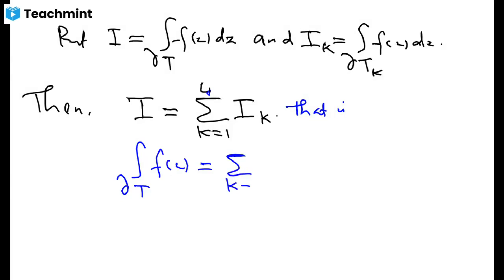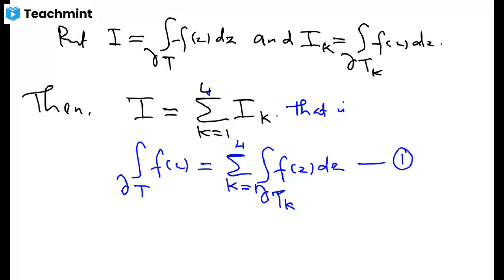Okay. That means we have the summation k equals 1 to 4 of the integral over the boundary of Tk of f of z dz. Let's give it some name. Let's call it star, if we need to refer to it.